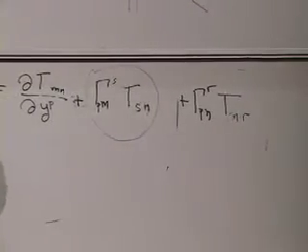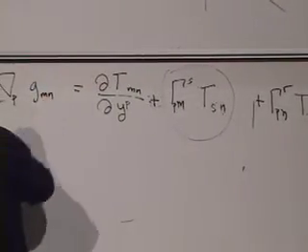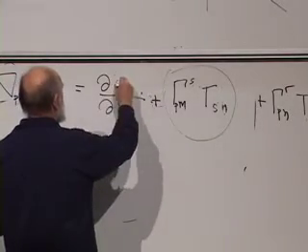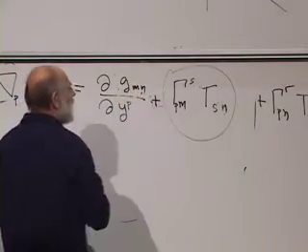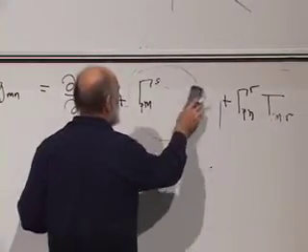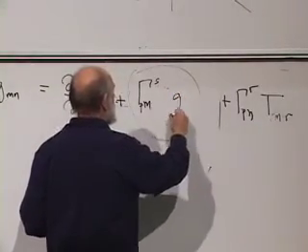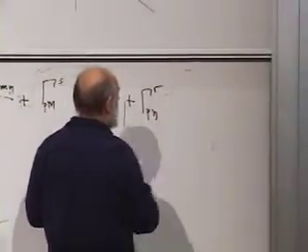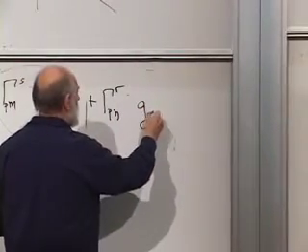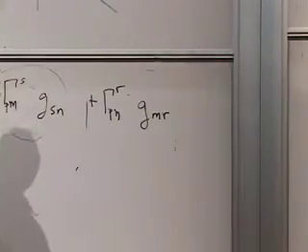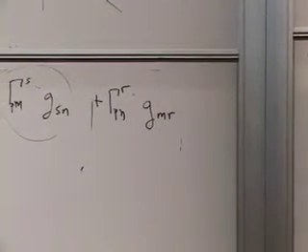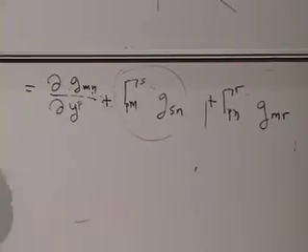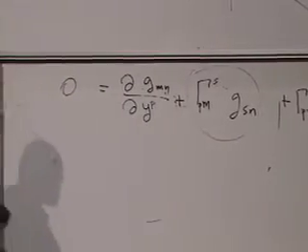GMN, GMN, GNS, and GMR, I think. And this should be equal to 0 if the covariant derivative of the metric is equal to 0.